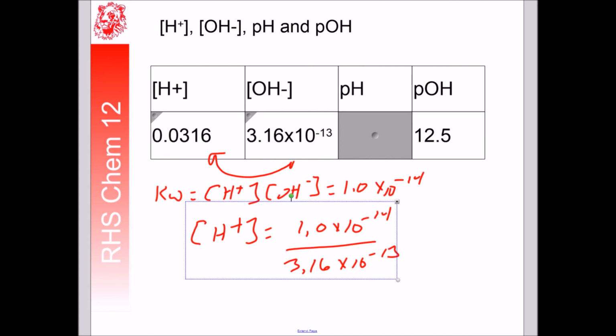And that's pretty large. Now if I want to find the pH, I have some choices. I could go from here to here, and that would be the easiest one. But again, I'm trying to practice some math here. So I'll use something to go from here to here.